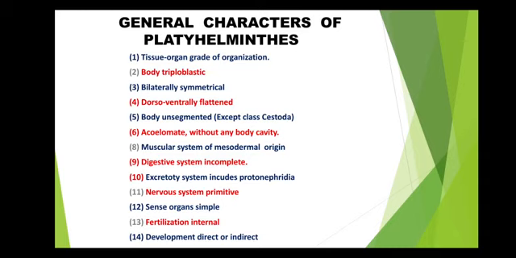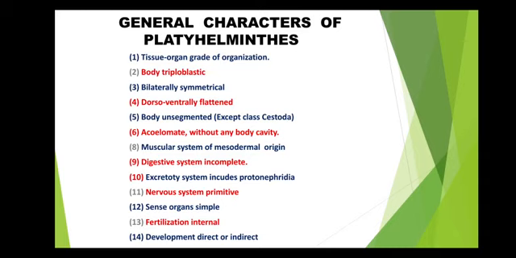Point number 6, body cavity acoelomate, that is, without any body cavity. Spaces between various organs are filled with special mesodermal tissue, the mesenchymal or parenchymal cells. Point number 7, body adhesive structures like hooks, spines, and suckers, and adhesive secretions common in parasitic forms.